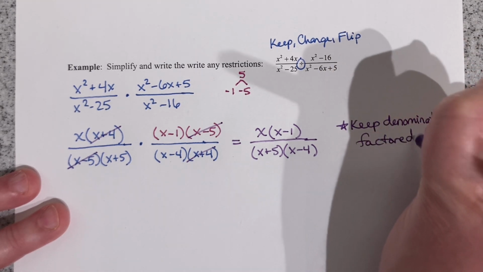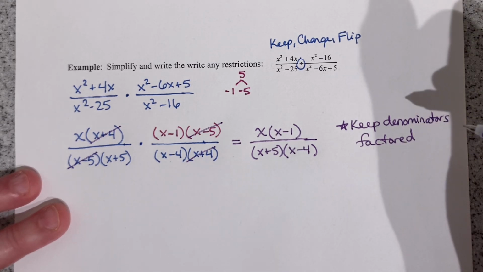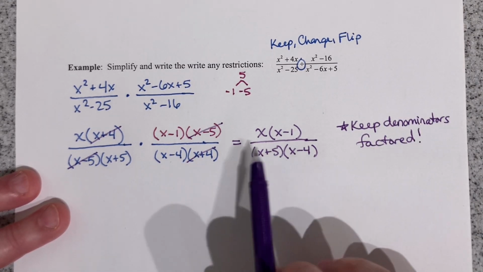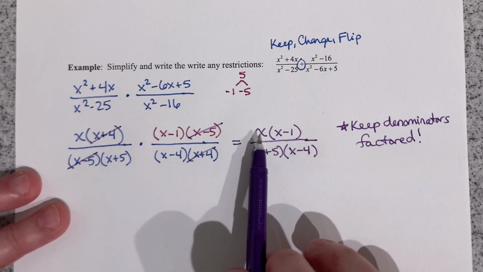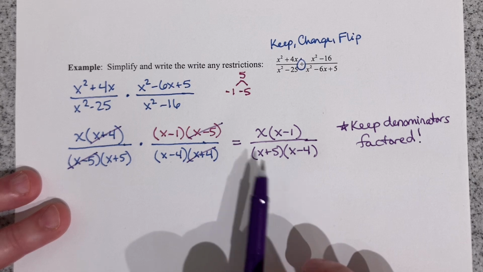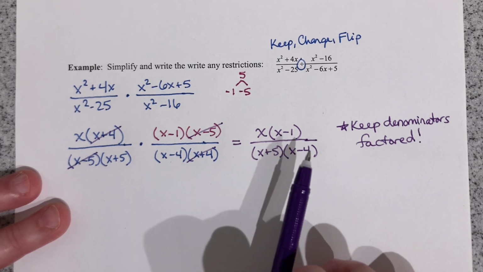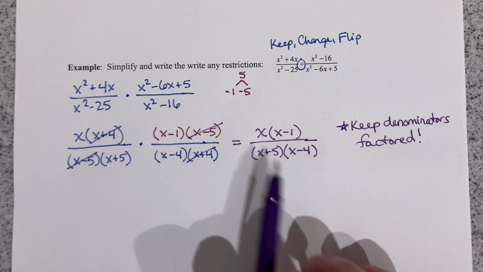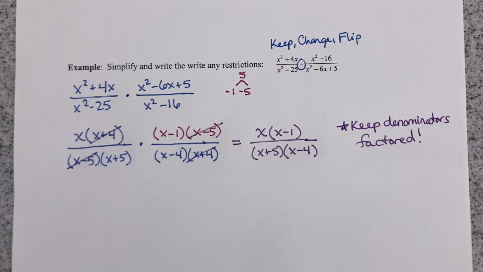I can't think of any reason why we would want to multiply out a denominator. Numerators, what we're going to see in the next section is we might need to multiply them out to add or subtract fractions. But we always want to keep denominators factored. And if there's nothing else we need to do, we may as well keep the top factored as well.